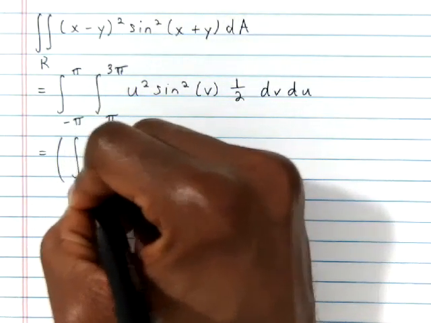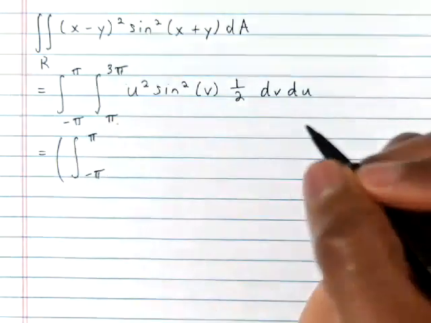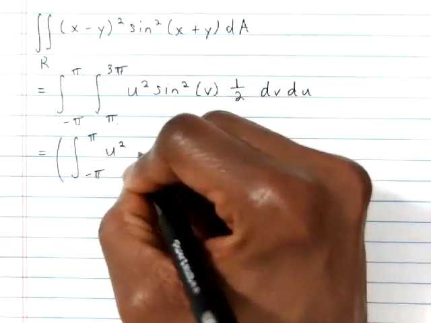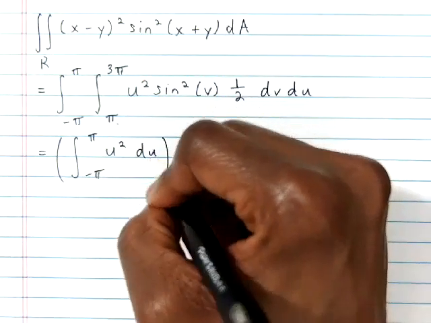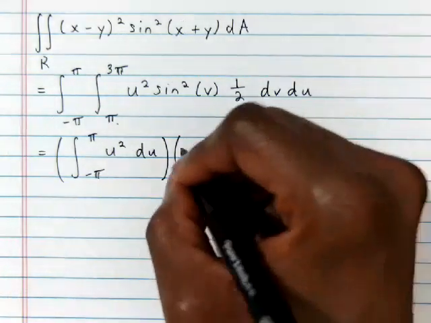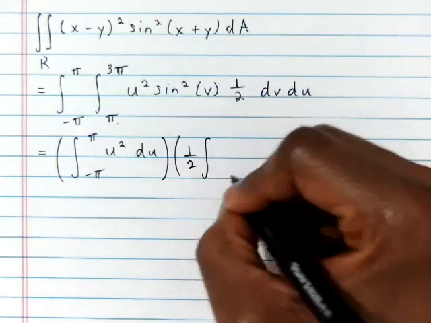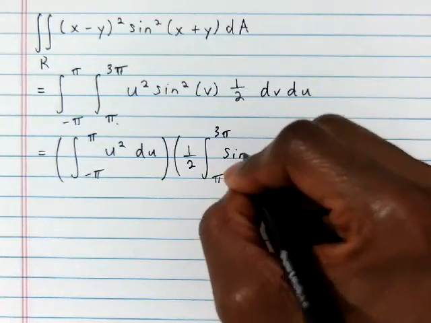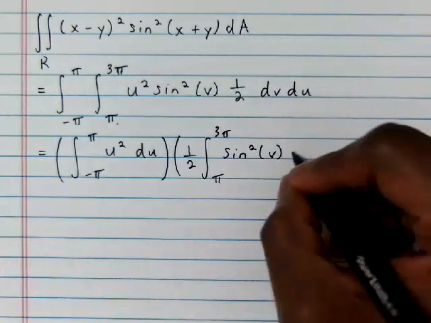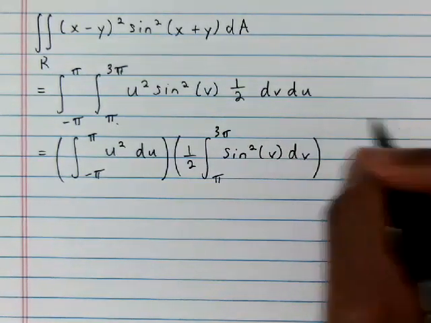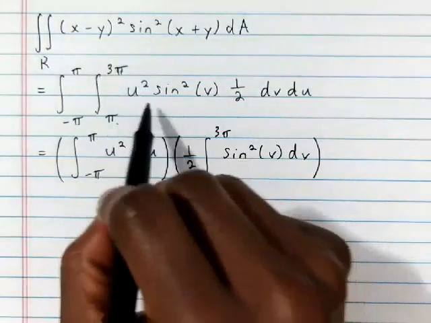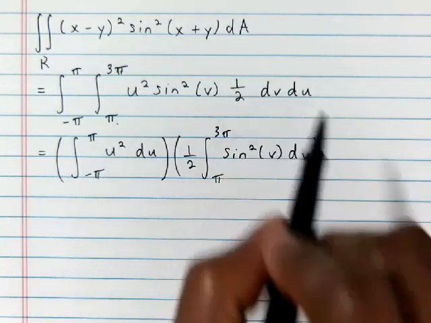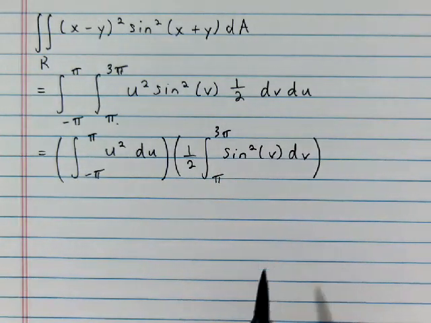The integral from negative pi to pi of u squared du times the integral from pi to 3 pi of sine squared of v dv. Remember, you can only do this when all of your bounds are constants, and you can split up your integrand into a product of functions of each one of your variables, and then you can evaluate it that way instead.